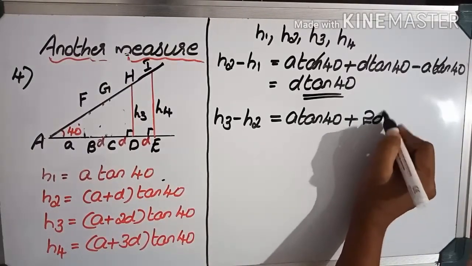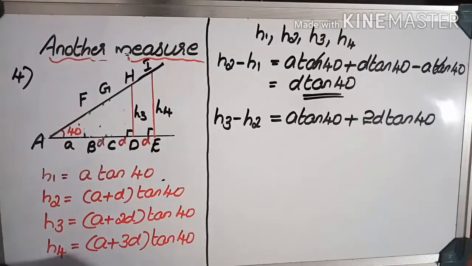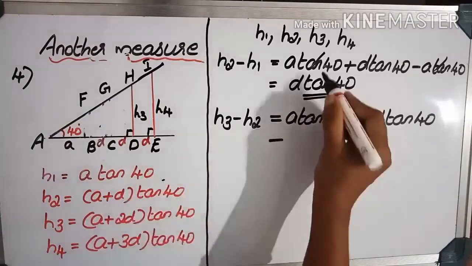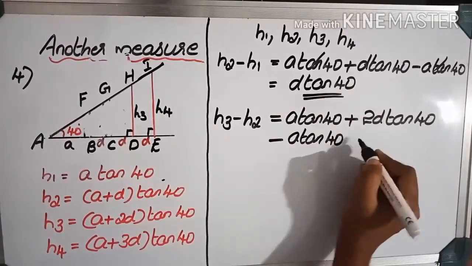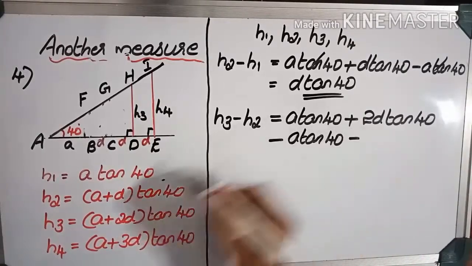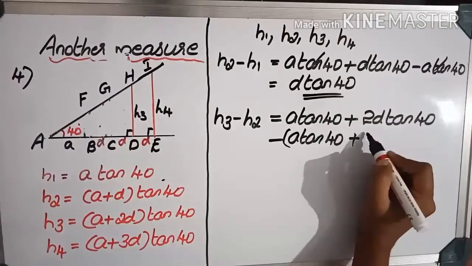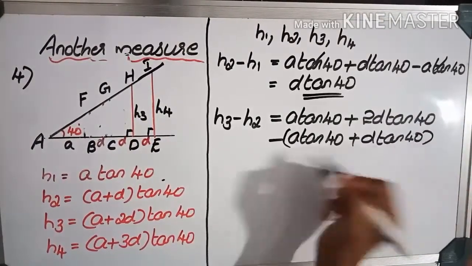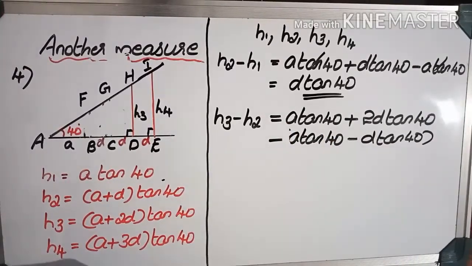Minus H2. H2 is A tan 40 plus D tan 40. When you open the bracket, this positive sign will become a negative sign, like this.